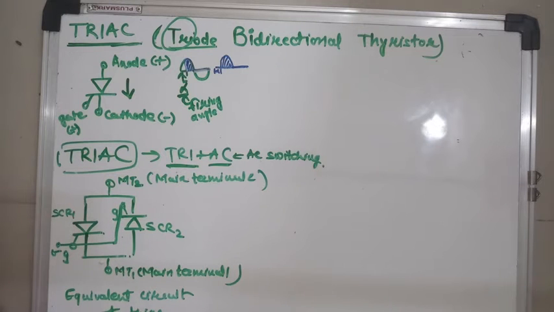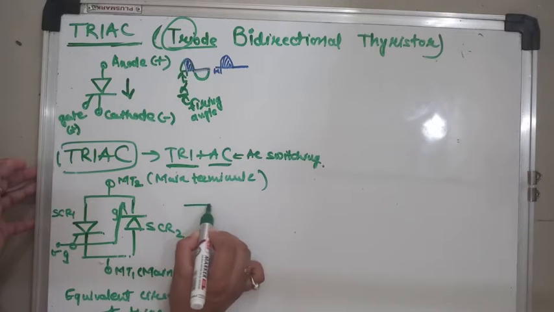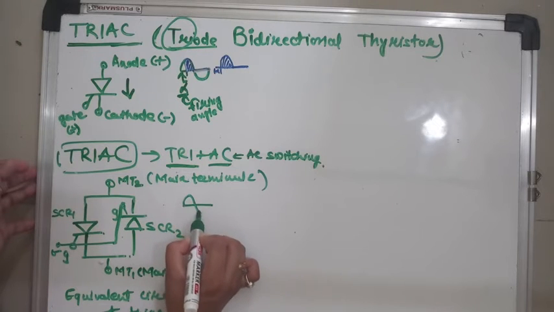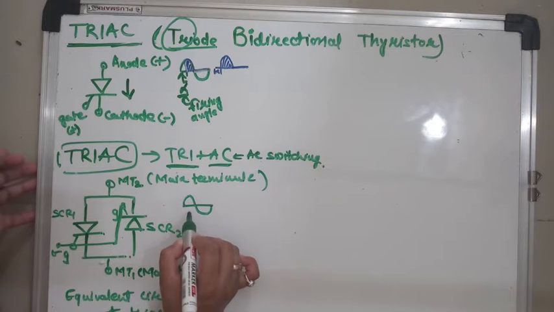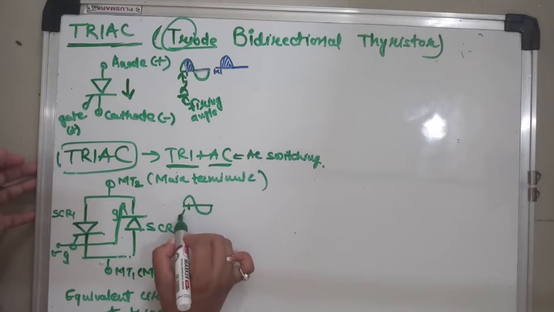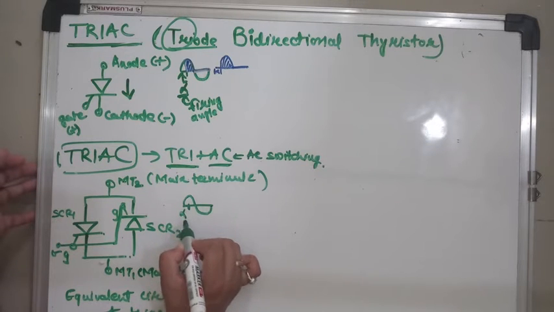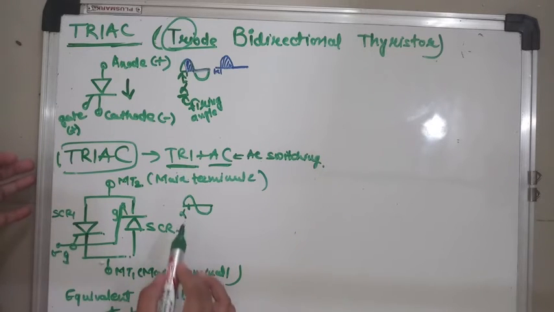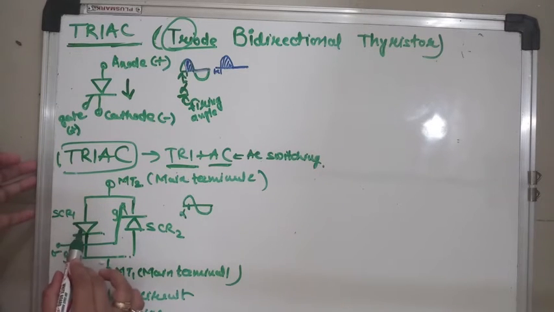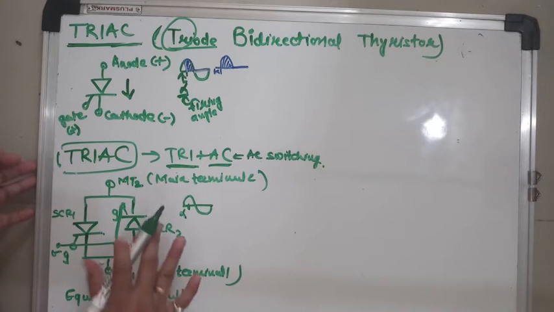See here, the triac can be used to control an AC load. As we know, AC has two half cycles, positive half cycle and negative half cycle. During the positive half cycle, suppose SCR1 is triggered at an angle of alpha. At that time SCR1 is on and SCR2 remains off.